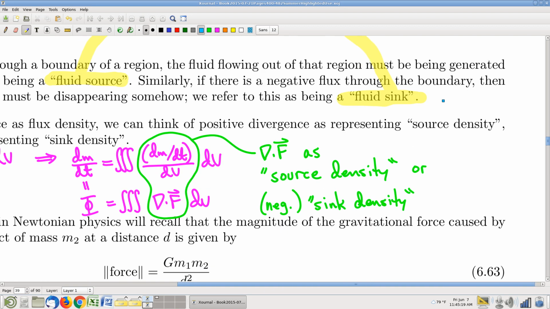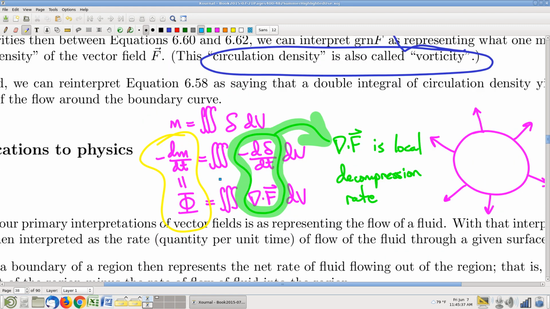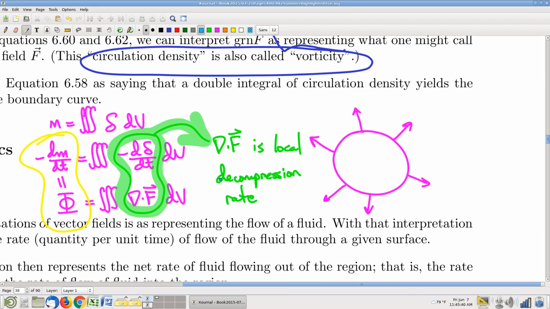Here's a different way to think about mass as related to density. Mass is triple integral of density. Density is mass per unit volume. Take a time derivative of both sides. You get this. And from a point of view of thinking about this as representing water, the flux through the boundary there tells you how much mass per unit time of water is leaving.